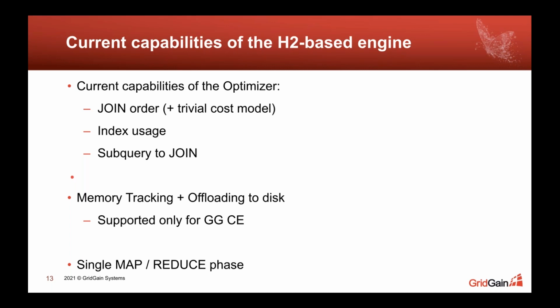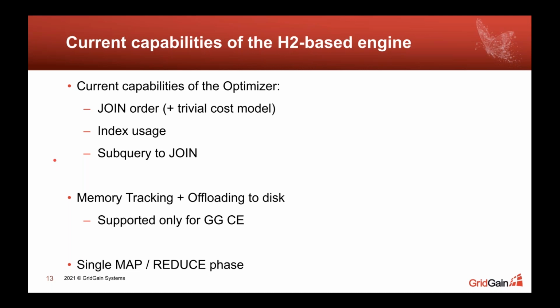The main current MapReduce drawback is that only one MapReduce phase is possible. It means that we can't calculate and aggregate in a distributed manner and then transfer it to another query as a clause. Because of that and many other reasons, there is an initiative to re-implement the engine.